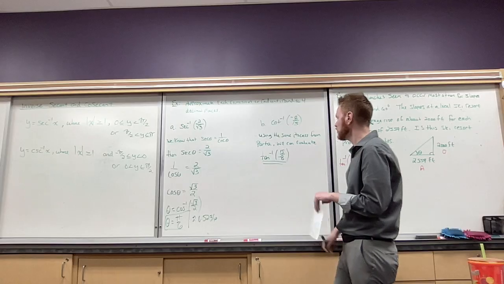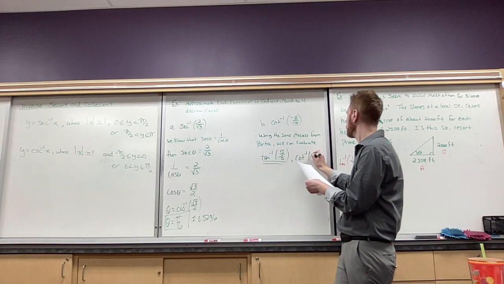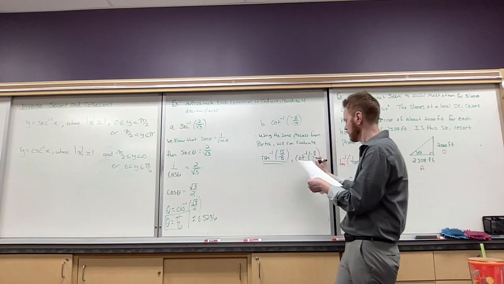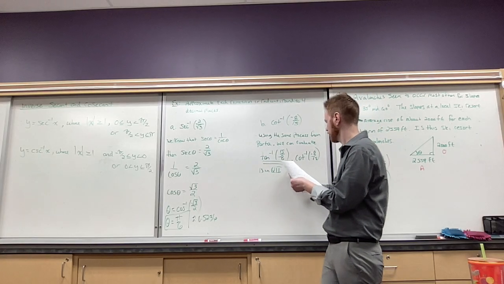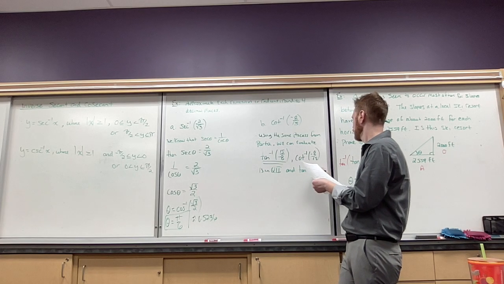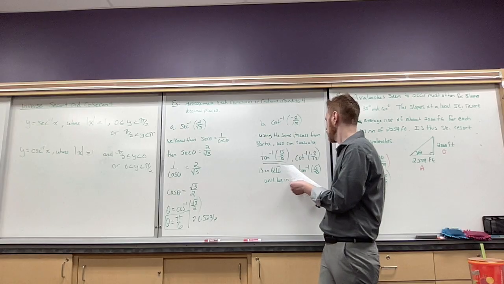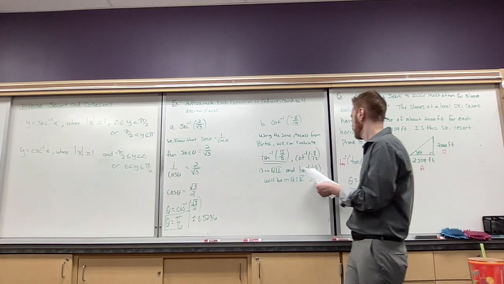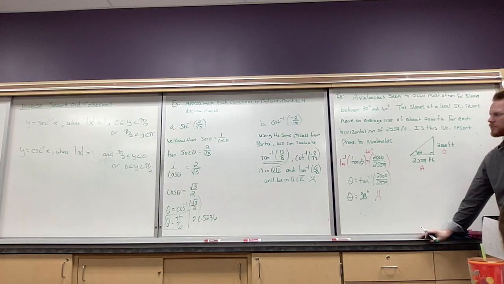So we can't use this because cotangent of negative 8 over 15 is in quadrant 2. And tangent of this guy will be in quadrant 4. So that kind of sucks. So I can't do that same trick with these guys.